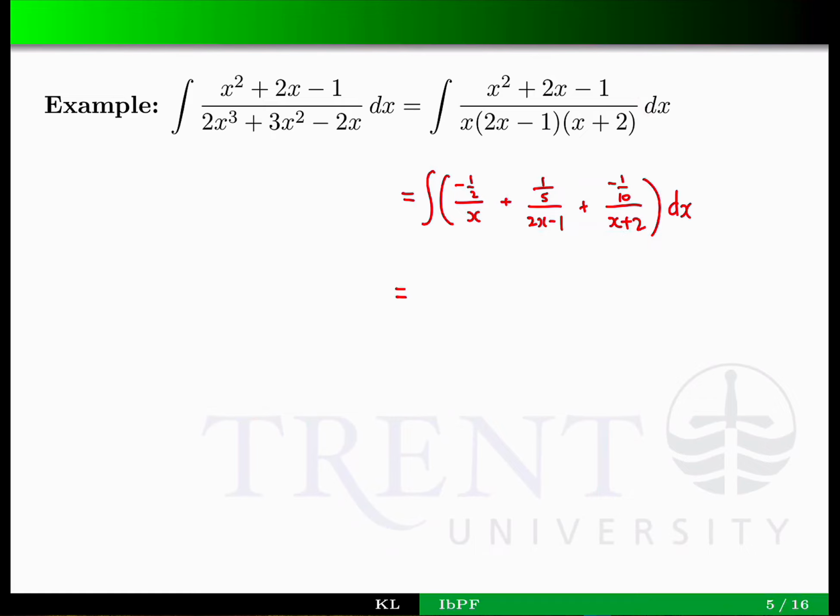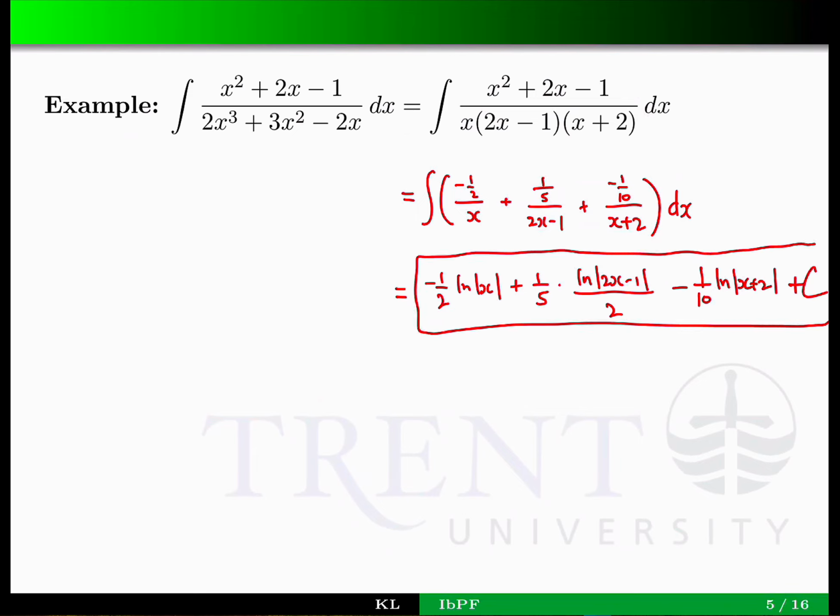So integrating, we will have -1/2 ln absolute value of x plus 1/5 ln absolute value of 2x minus 1 over 2. I'll put minus 1/10 ln absolute value of x plus 2 plus the arbitrary constant c.